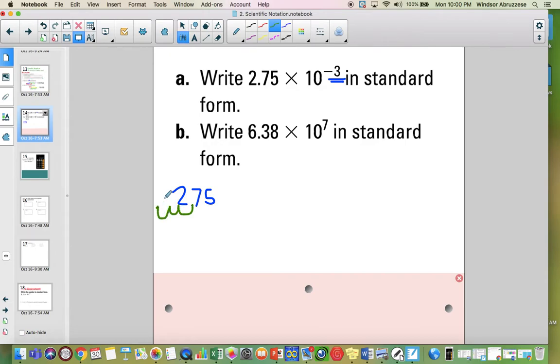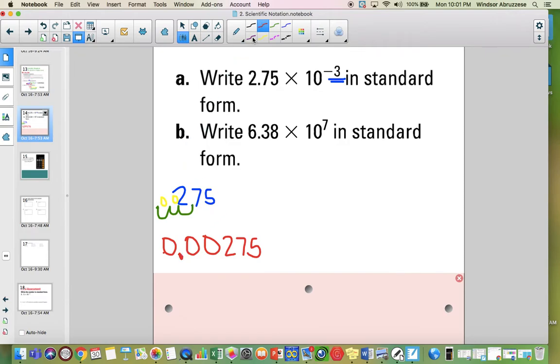I've got to input my zeros as placeholders. So I'm going to rewrite it as, well, let's put a 0 first. 0.00275. Okay, make sure you could really see the decimal.